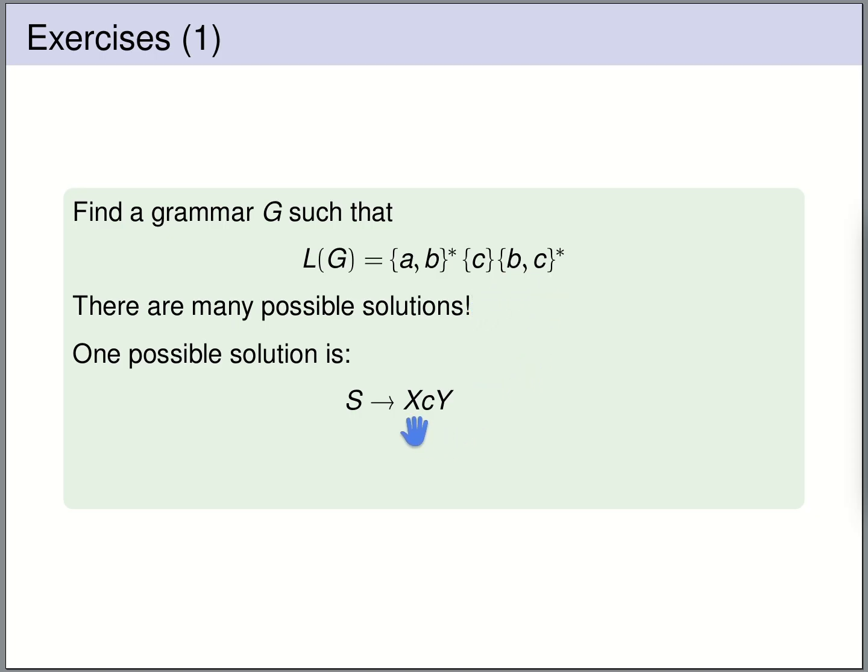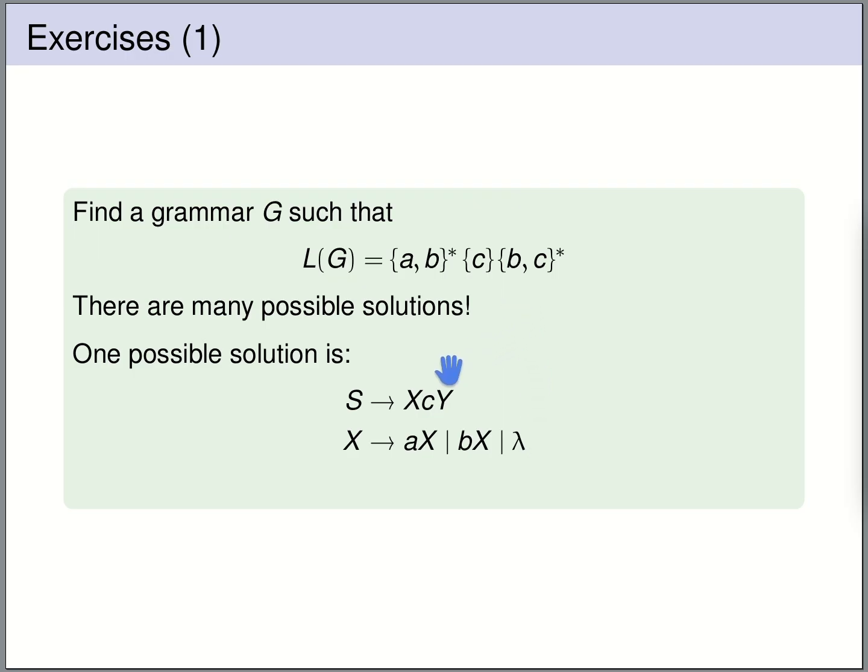How can we use X to generate an arbitrary word over {a,b}? Very simple. We need basically 3 rules. We say that X can rewrite to aX, which generates an a, or to bX, which generates a b, or it can rewrite to lambda. Using these 3 rules, we can derive from X arbitrary words over {a,b}.